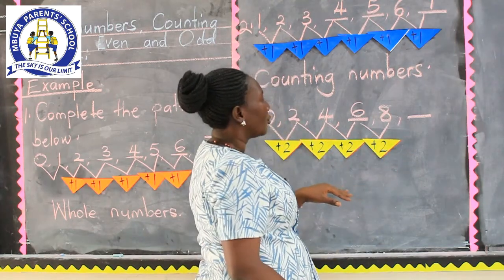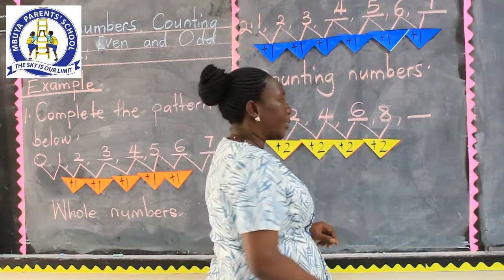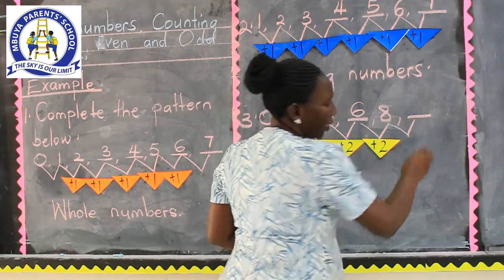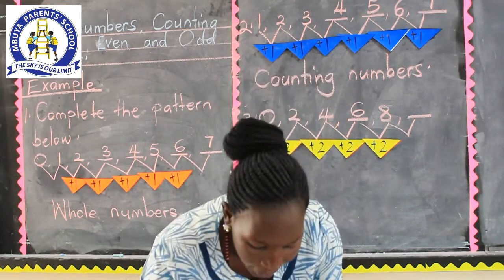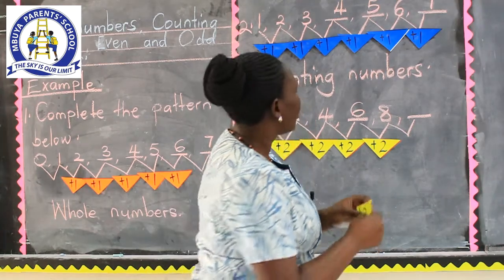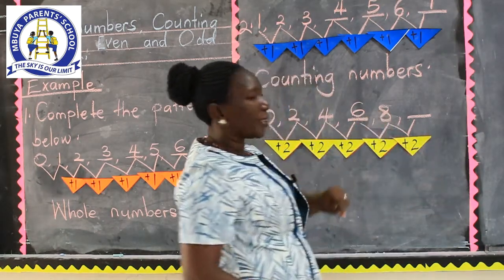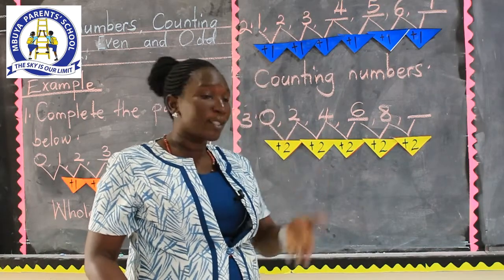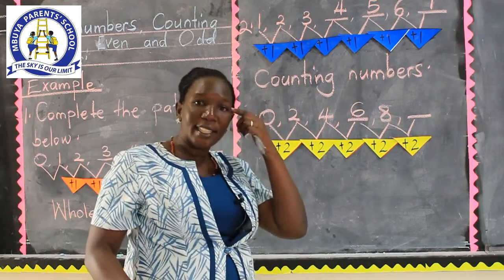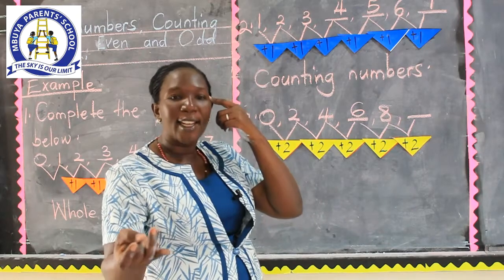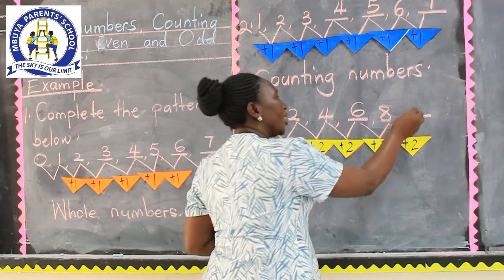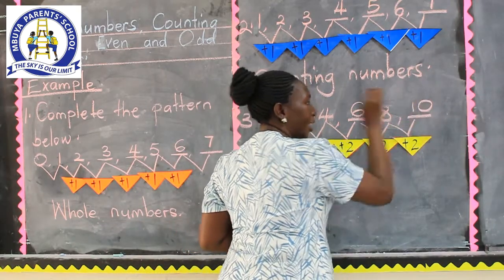Plus 2. We got 8. We shall have plus 2. So 8 plus 2. You can even ask yourself, I have 8 in my head, 9, 10. So the missing number here is 10.